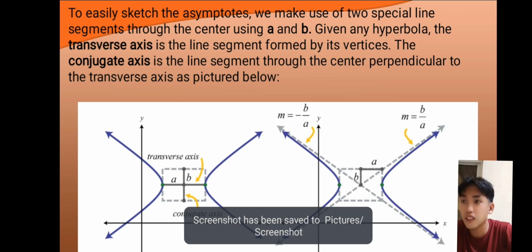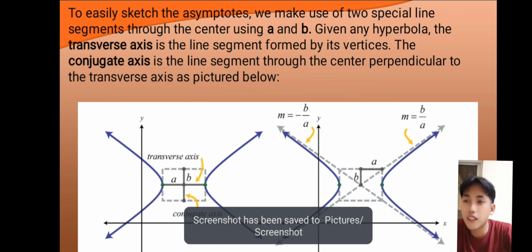While the conjugate axis is the line segment through the center perpendicular to the transverse axis, as pictured below. Since it is perpendicular, this line divides the transverse axis into two equal parts. So this is our conjugate axis.